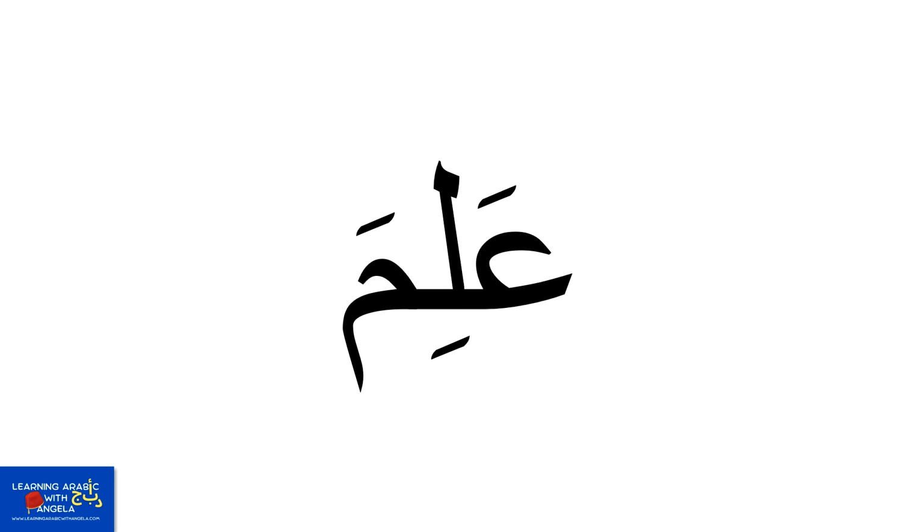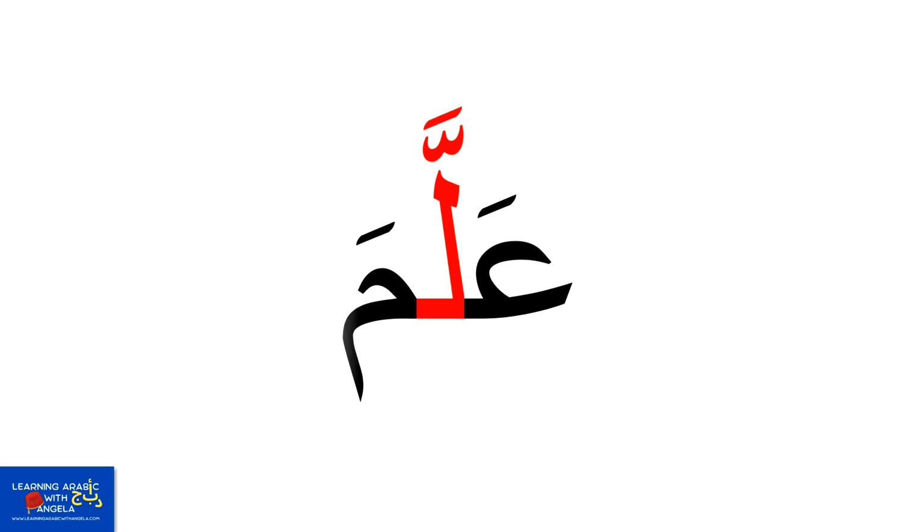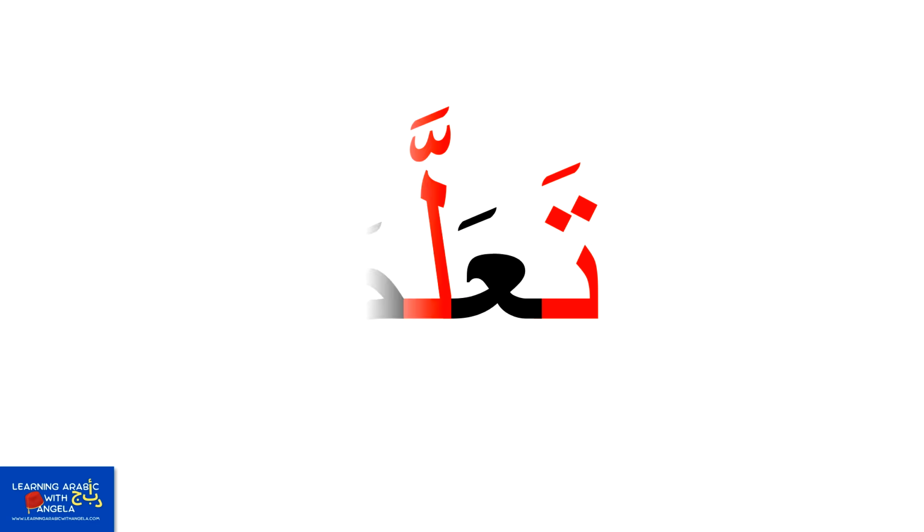Now watch what happens when Arabic starts adding letters. Allama. And one letter, suddenly, it doesn't mean know anymore. It means to teach. In other words, to make someone know. Ta'allama. And another letter over here, and now you're not making someone else know, you're making yourself know.